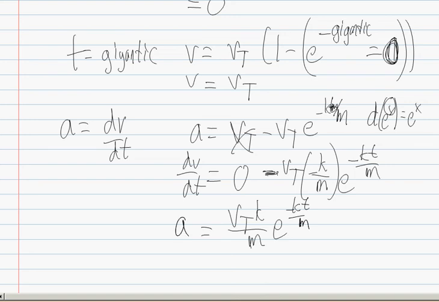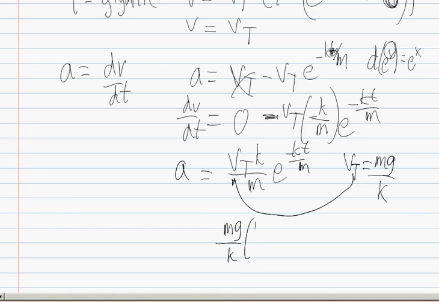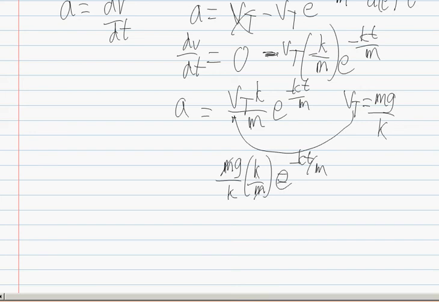That is a. But remember, vt equals mg over k. If we plug that in here, we get mg over k times k over m times e to the minus kt over m. Well, this goes away, those go away, and you get g e to the negative kt over m.